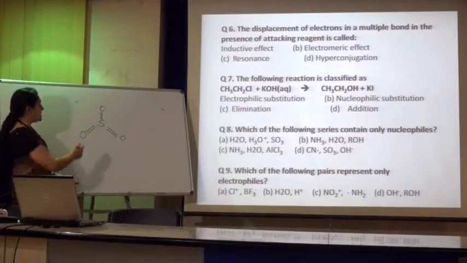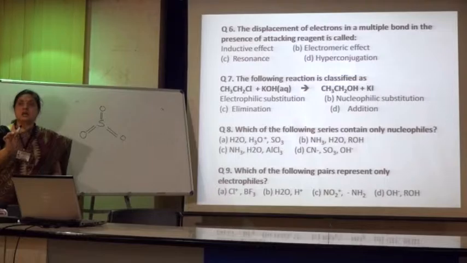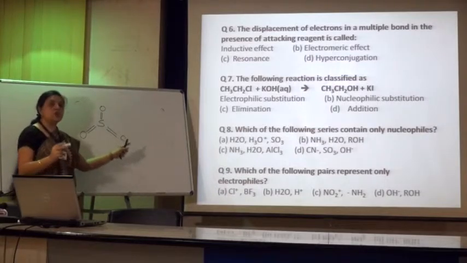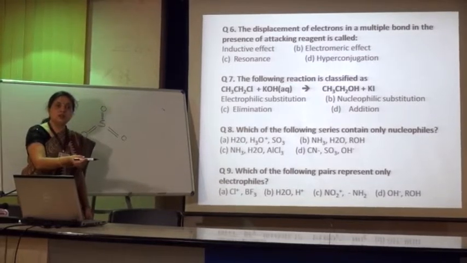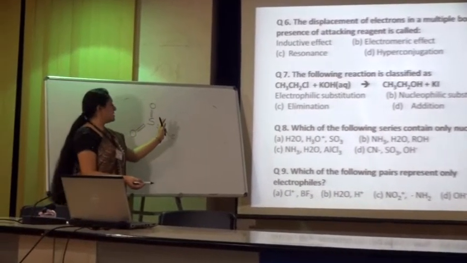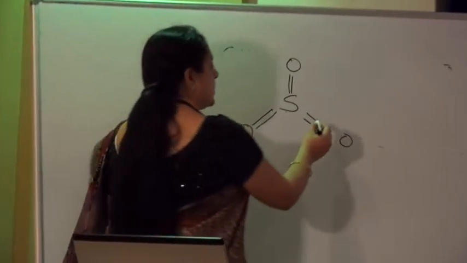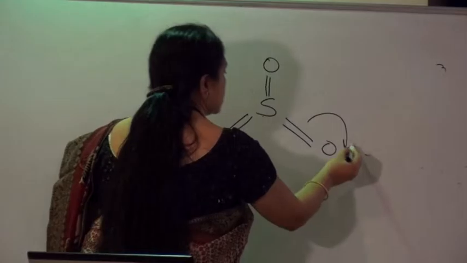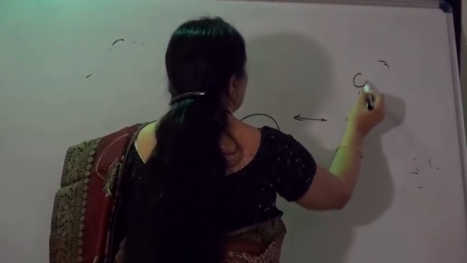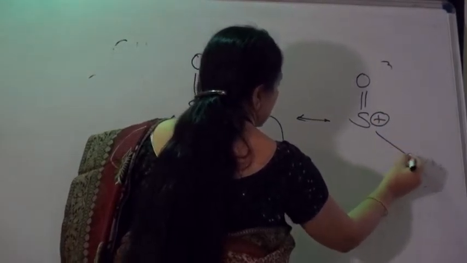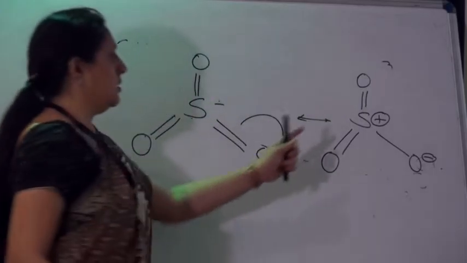Here you can see at sulfur you have all three double bonds, but the lone pairs are on the oxygen. But is oxygen attacking the molecule? No, it is the sulfur part which is attacking. When resonance takes place in this direction, sulfur achieves a positive charge here, oxygen is negative here, right?